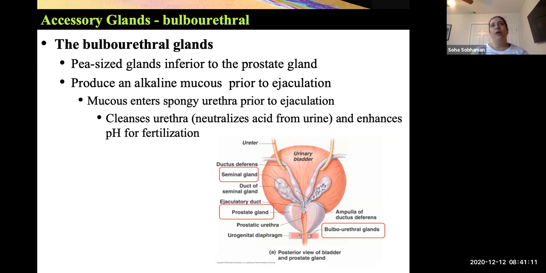So right before a male ejaculates, the bulbourethral gland releases a neutral solution that washes away the acidity of the urine and creates a nice environment in the urethra so the sperm can swim and survive. It also enhances fertilization because that alkaline environment is more ideal for the sperm to survive and eventually fertilize an egg.